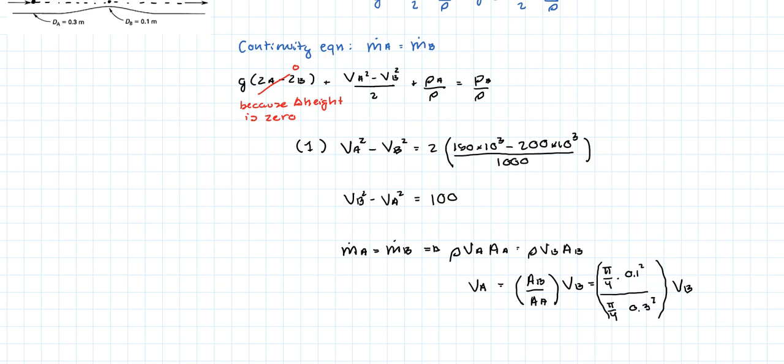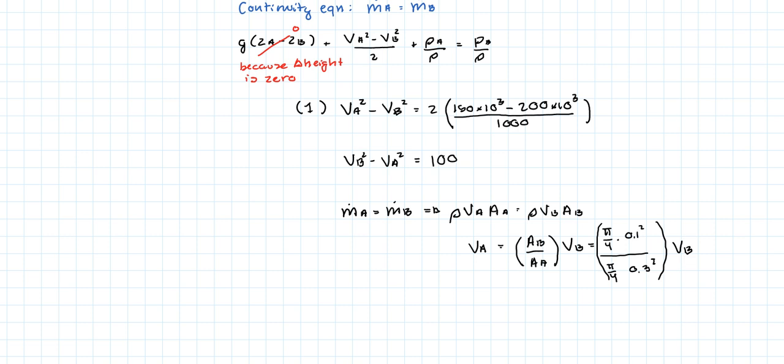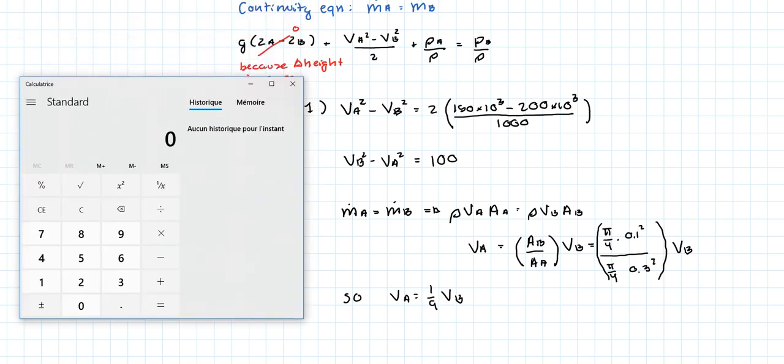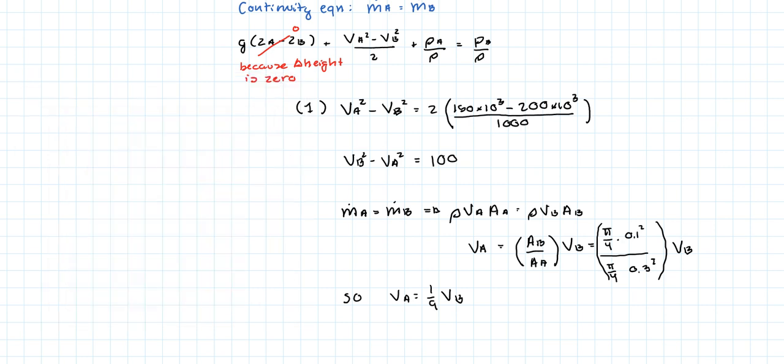So VA is actually equal to 1 over 9 times VB, and we'll just have to live with that. 1 over 9, so that's 0.111. Let's keep 3 decimals, VB.